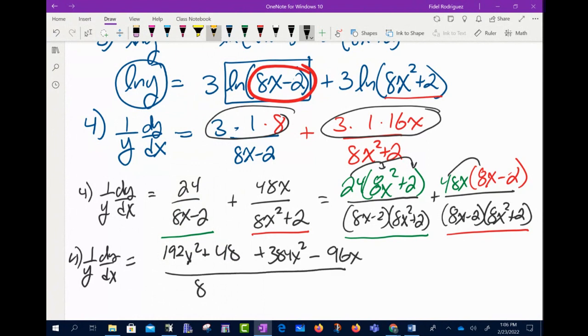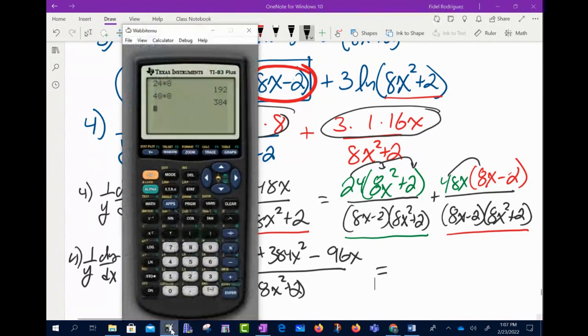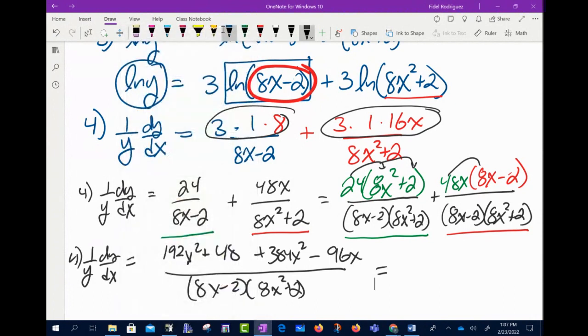All of this now, y'all, is over 8x minus 2 and 8x squared plus 2. I bet we could at least combine the 192x squared and the 384x squared. Add 384 to 192, that's 576.